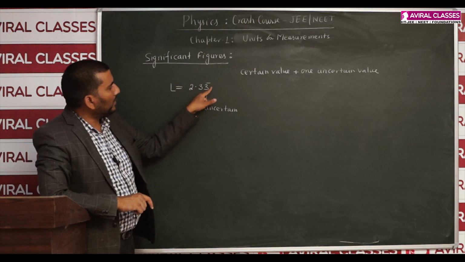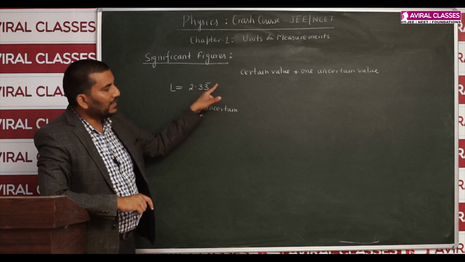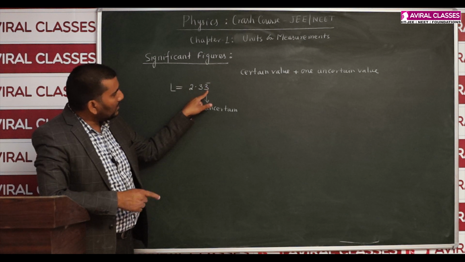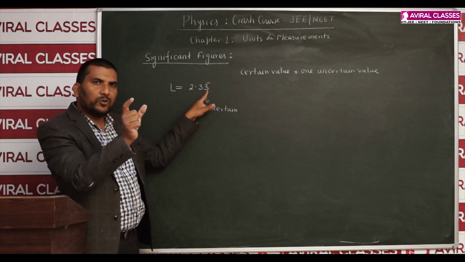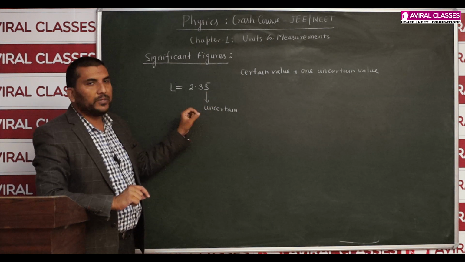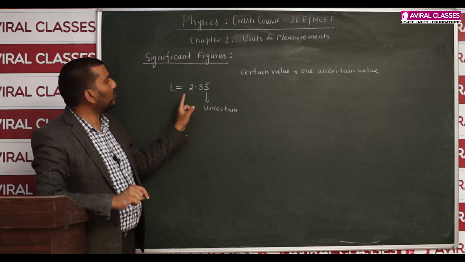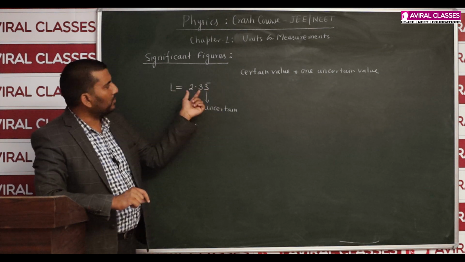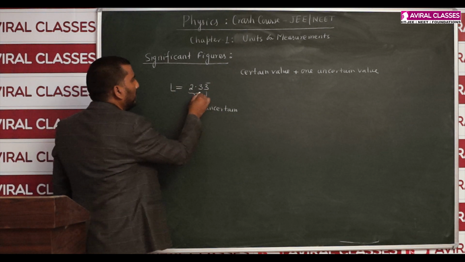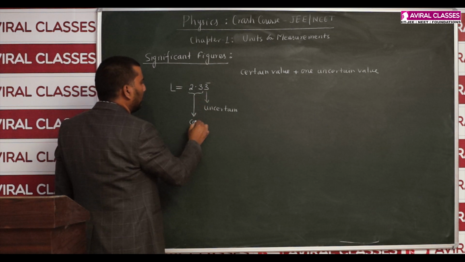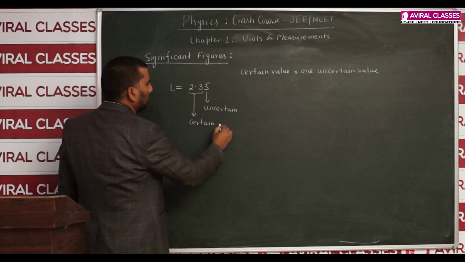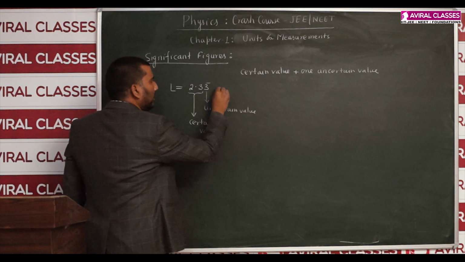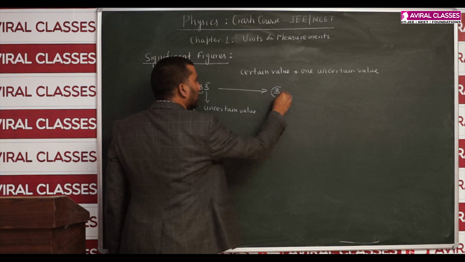It may be 3, 1, or 3, 9, or 3, 4, or 3, 5, because this digit always depends on the precision of your instrument. So this will always be uncertain, but it is always true that the length must be 2.3 or more. So up to these 2 values, we may be sure that these are the certain values. The last one is uncertain. So the number of significant figures of this one is 3.